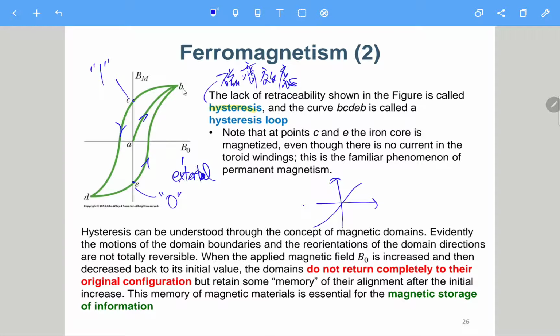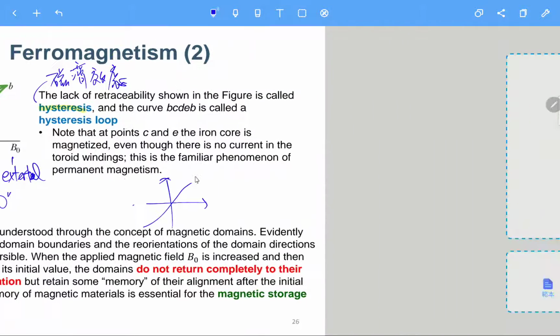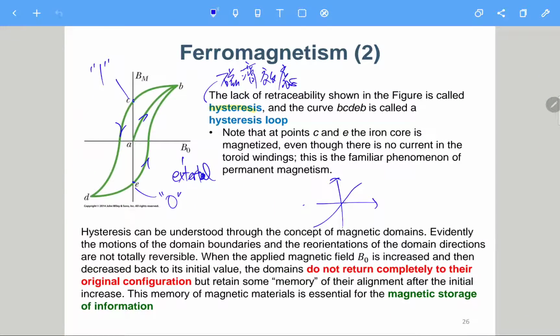For the magnetic hard disk, we use this theory for data storage. And I think this is the end of this chapter.